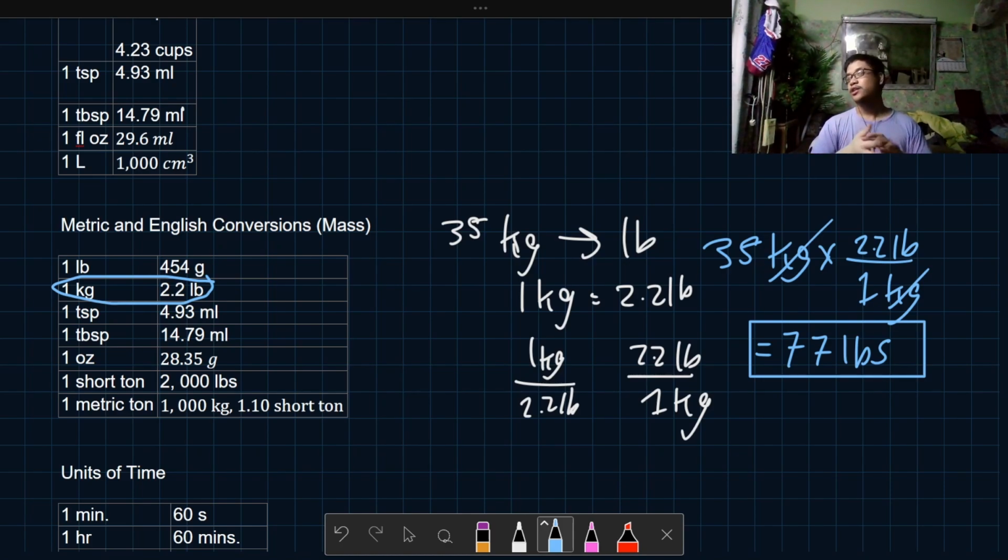Let's just say you're in America, and in America they use English units.